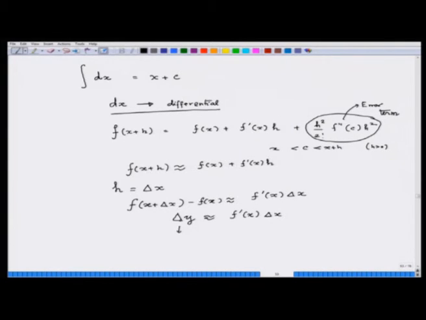So, this is called: the change in the dependent variable is equal to the derivative into the change in the independent variable.